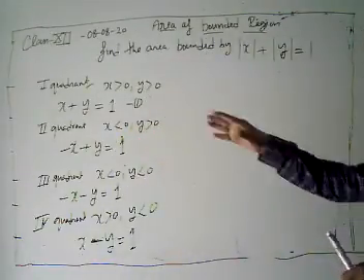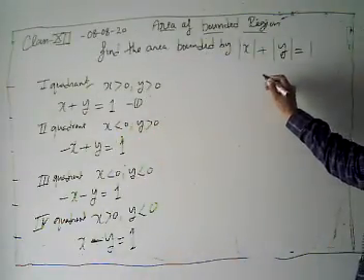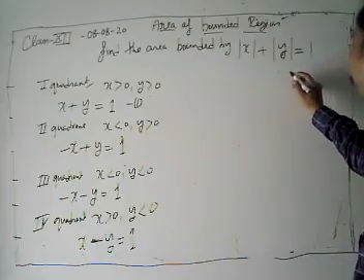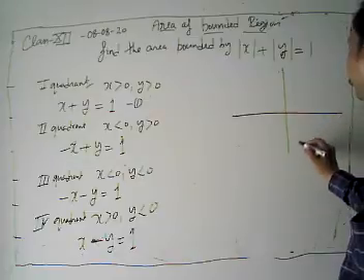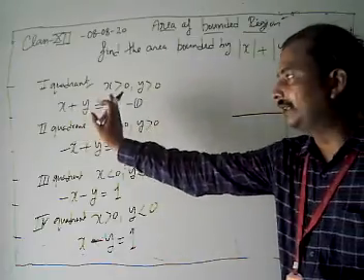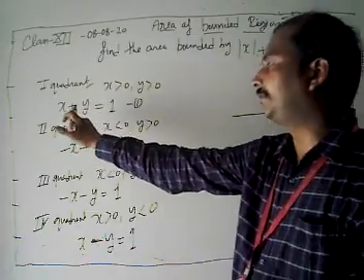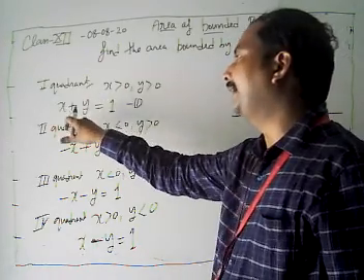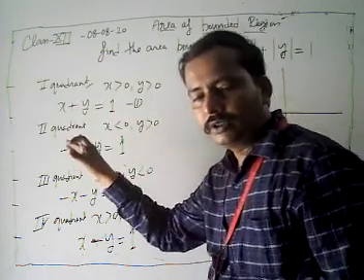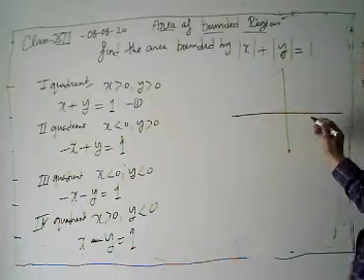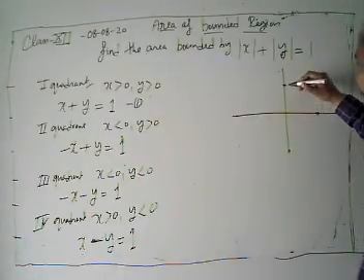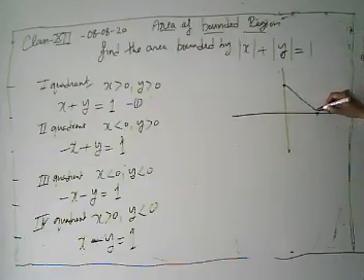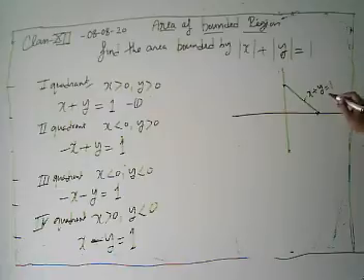First of all, we draw in the first quadrant x plus y equal to 1. Look, I am going to draw the graph here. x plus y equal to 1, when we convert it to intercept form, x by a plus y by b equal to 1. Then here is 1, here is 1, and this is our x plus y equal to 1.